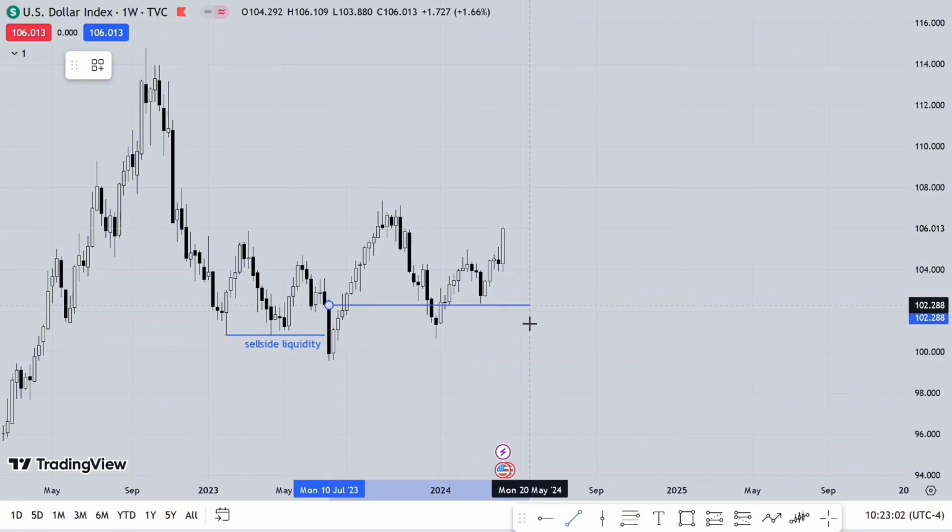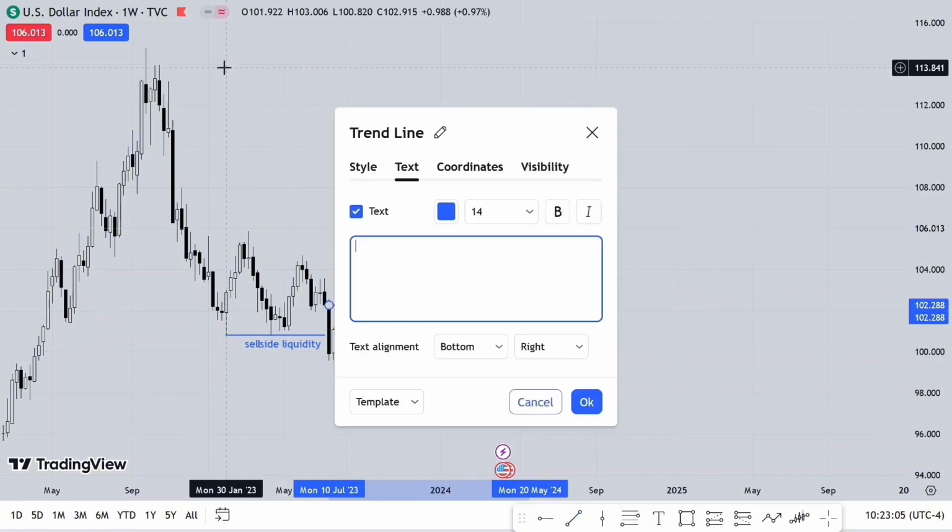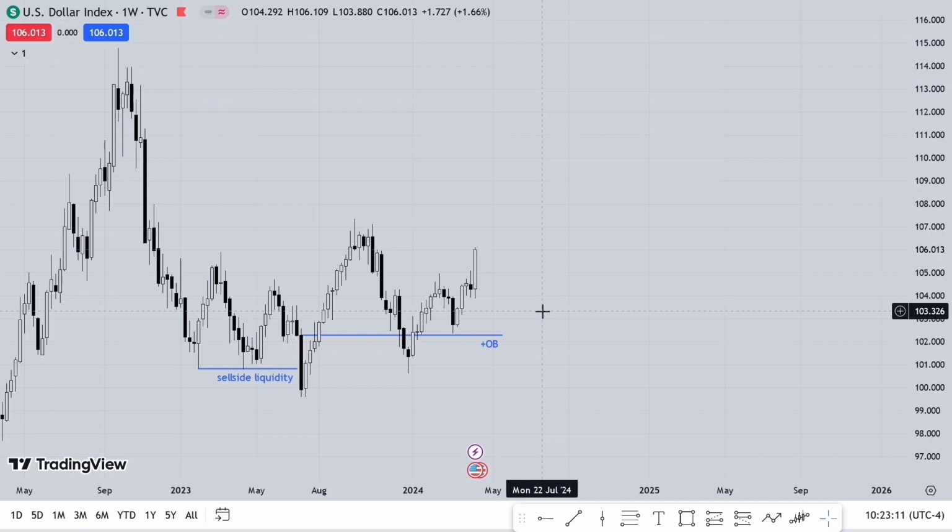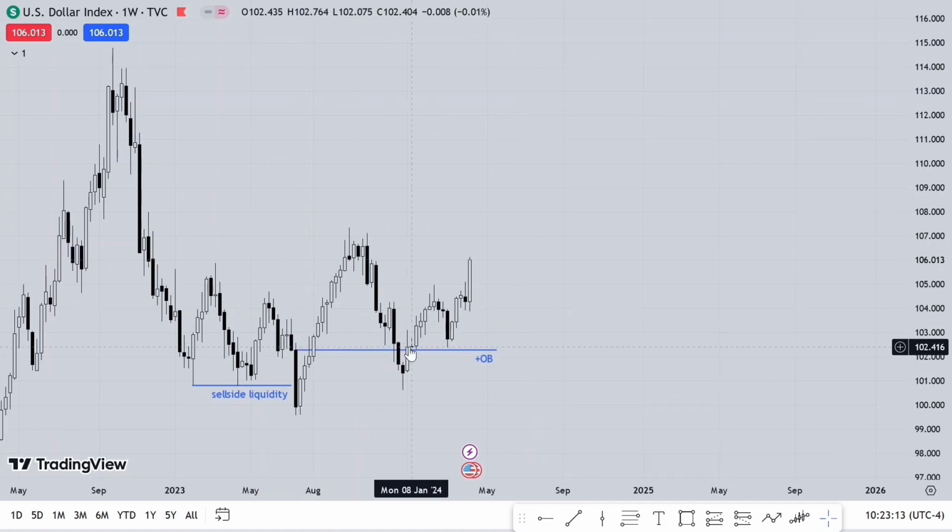I'm just reiterating from the previous video before we get into the vast stacks of what we have to talk about today. We noted this bullish order block about 2 months ago, and this buy side liquidity, which is resting here.